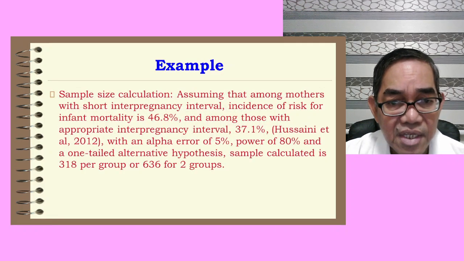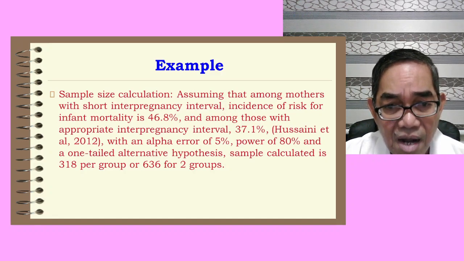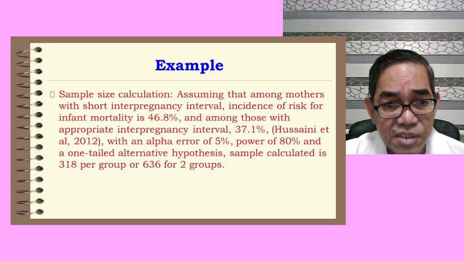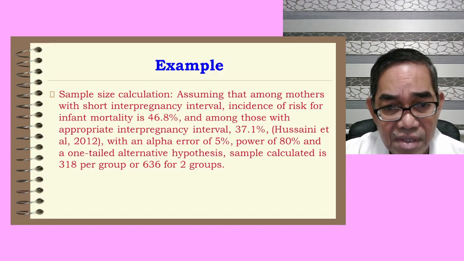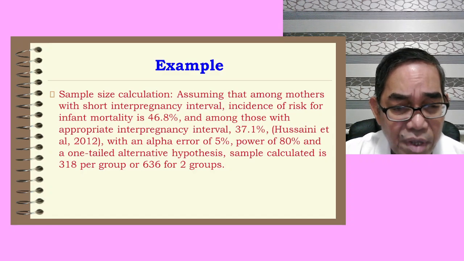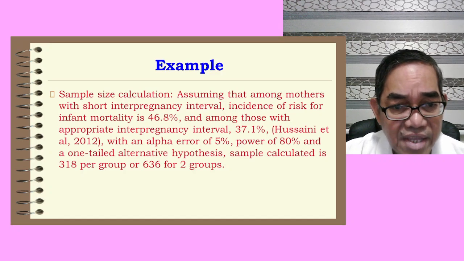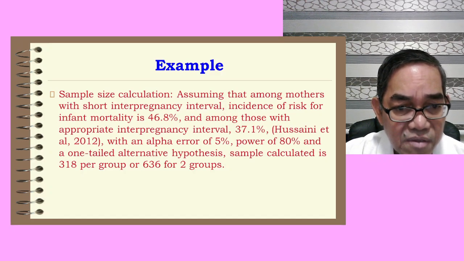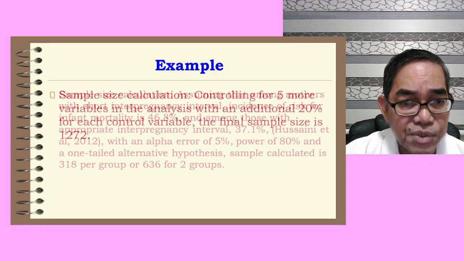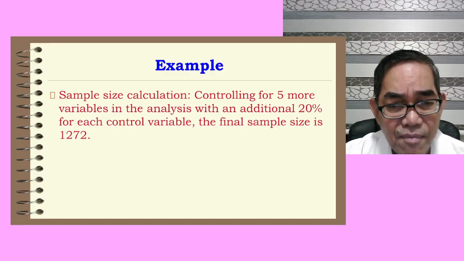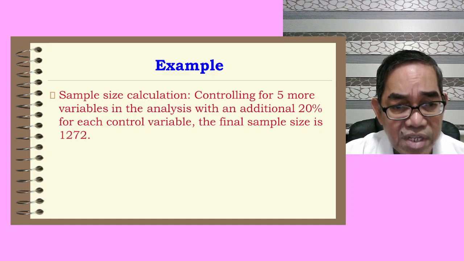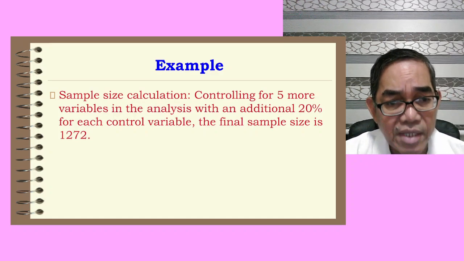Assuming that among mothers with short inter-pregnancy interval the incidence of risk for infant mortality is 46.8, and among those with appropriate 37.1, from an author in 2012, with an alpha error of 5, power of 80, one-tailed, the sample size calculated is 318 per group or 636 for two groups. Now, controlling for 5 more variables in the analysis with an additional 20% for each control variable, the final sample size is 1272.